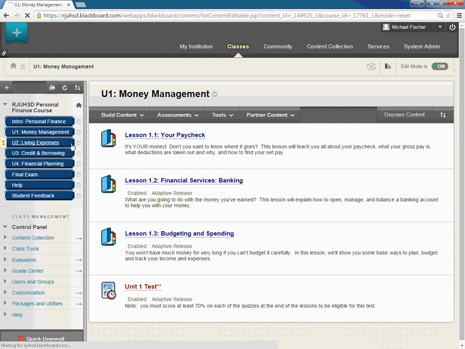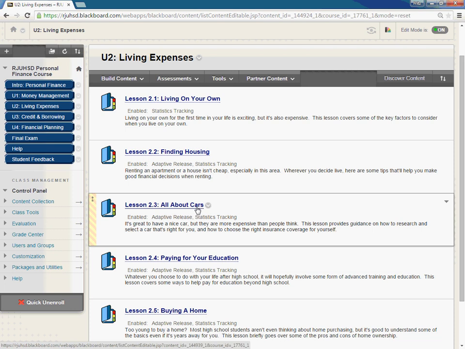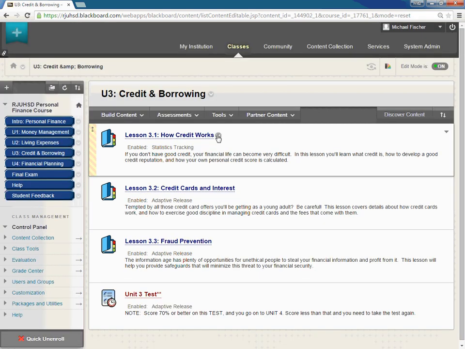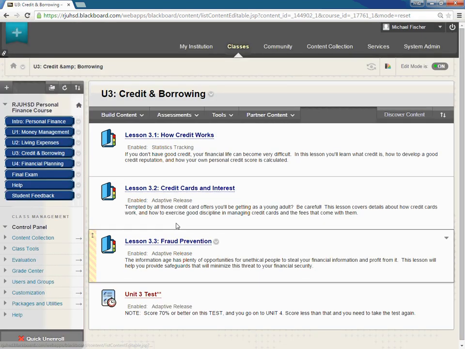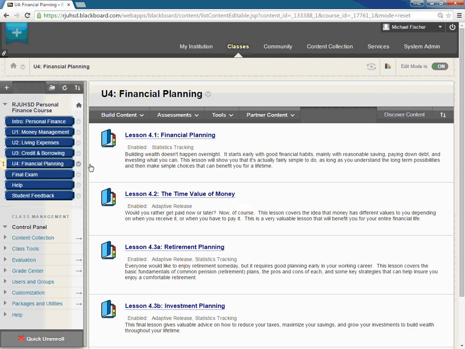Number 2 is about living expenses, and this one's got 5 lessons about living on your own, finding housing, buying and managing the expenses related to cars, paying for education, and down the road, hopefully buying a home. Unit 3 is all about credit and borrowing, learning how to avoid credit card traps and managing your borrowing wisely. And Unit 4 is more long-term, talking about long-term planning, including retirement and investment planning.